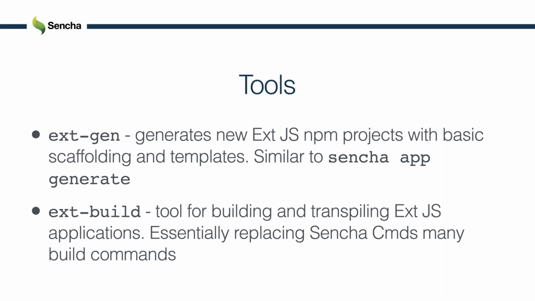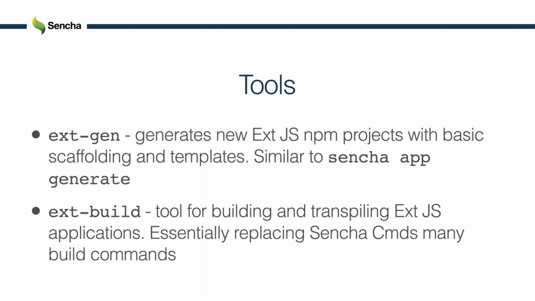There are two command tools which come in the open tooling set. The first is X-gen, and that's the main command that you'll use when you're building your application. It provides the generation of a new ExtJS project, and gives us options to provide basic scaffolding, integrate templates and set up the themes that you want at the start.